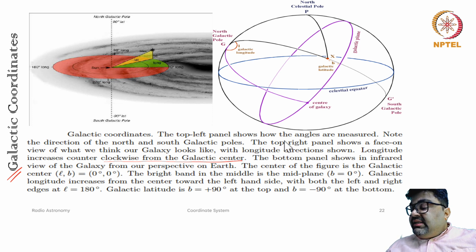Okay, the directions of the north and south galactic poles are there. The galaxy in the galactic plane looks like it's near the equator. So that's the projected map.